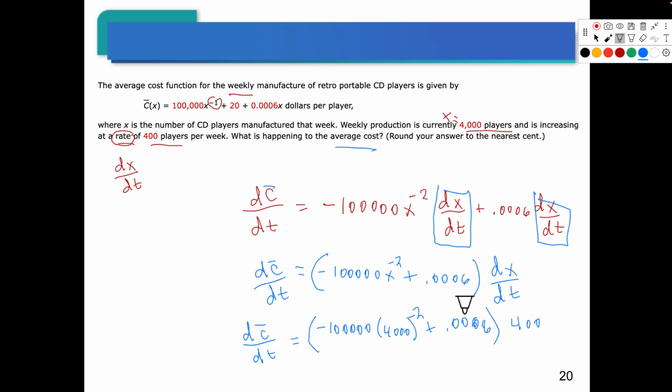I better put parentheses around that, and then I'm going to multiply the whole thing by 400.